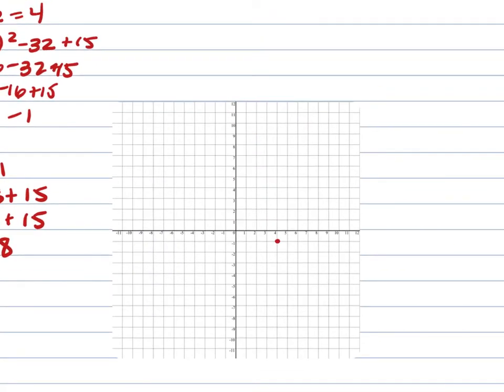So that's 1, 8, which is also going to give us 7, 8.